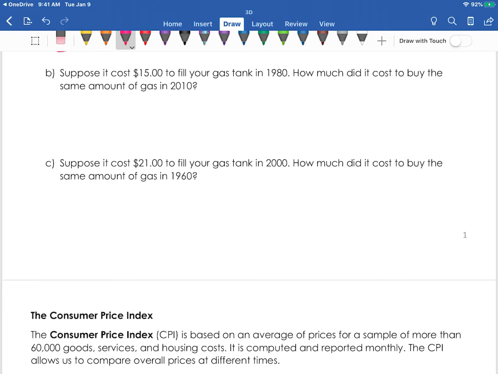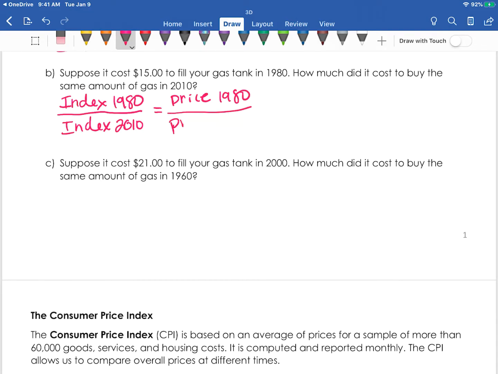When we do this, we're going to set up a ratio. We're going to do the index for 1980 over the index for 2010, and then set it equal to the price of a tank of gas in 1980 versus the price of a tank of gas in 2010.